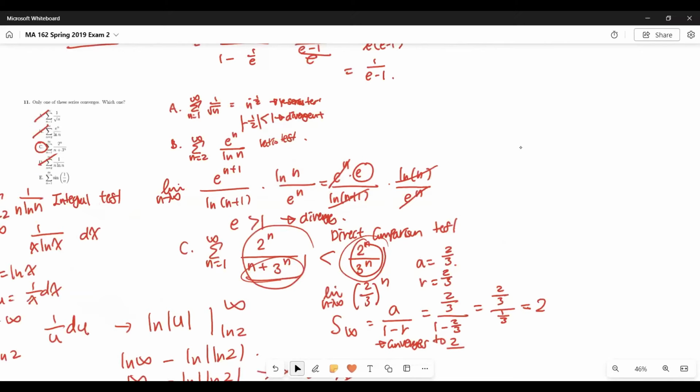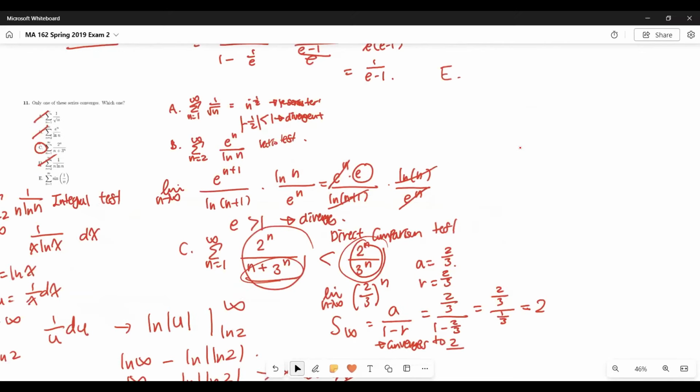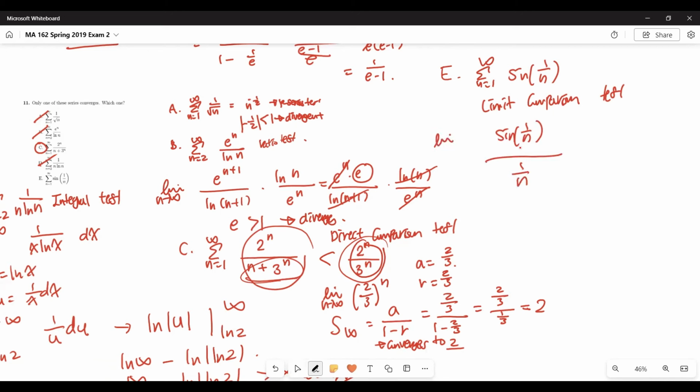Let's look at option E. Option E is the sum from n equals 1 to infinity of sine 1 over n. For this one we're going to use the limit comparison test. We're going to put sine 1 over n in here, and compare with 1 over n. As the limit goes to infinity, we're going to use L'Hopital's rule.